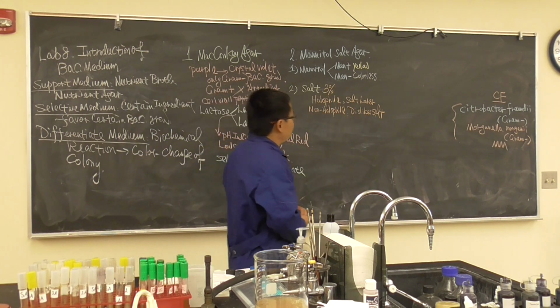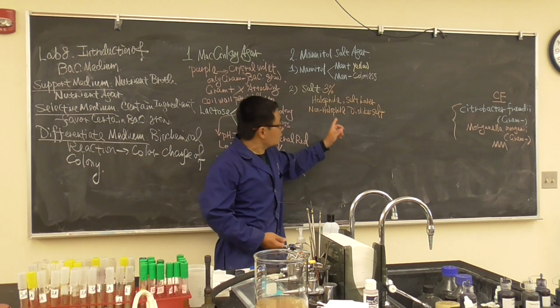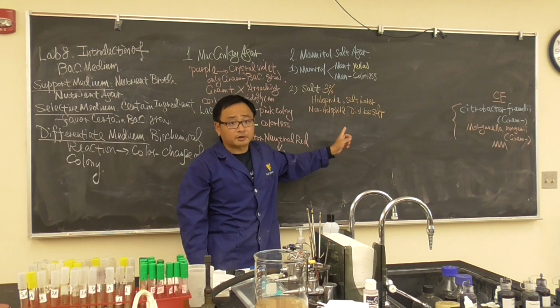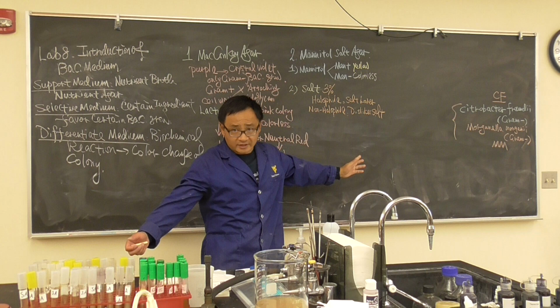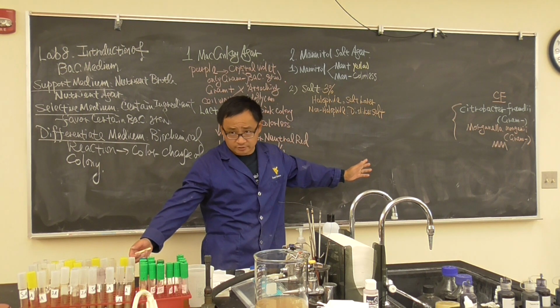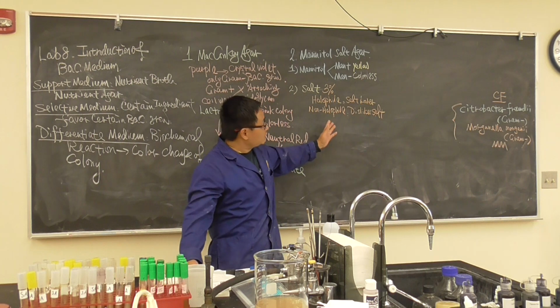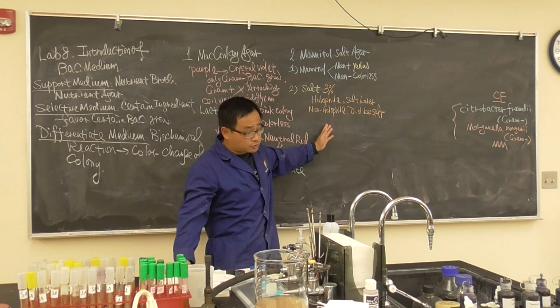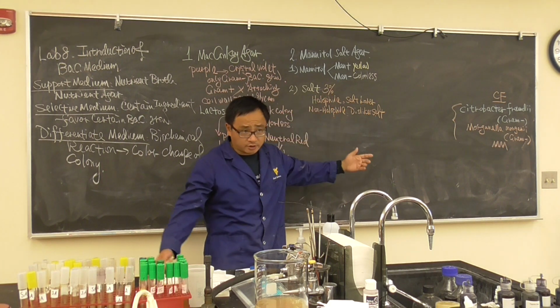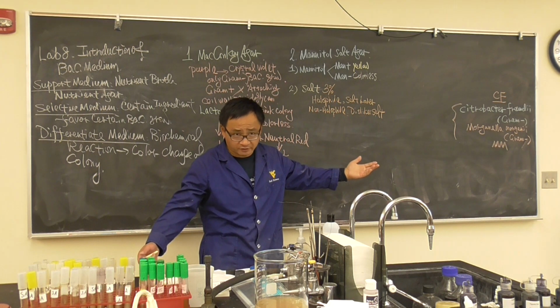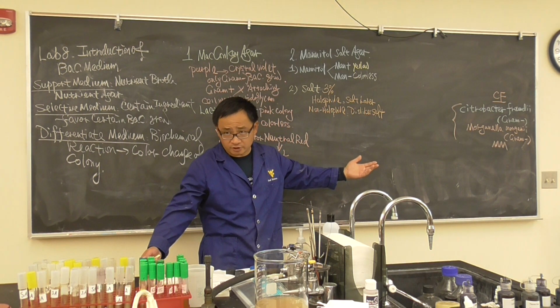So, very simple. If the bacteria can grow on the mannitol salt agar, it is a halophile. Let's say Staphylococcus aureus, Staphylococcus epidermidis. If the bacteria growing on the mannitol salt agar are yellow, it means it's mannitol fermentation positive. Otherwise, it's mannitol fermentation negative.